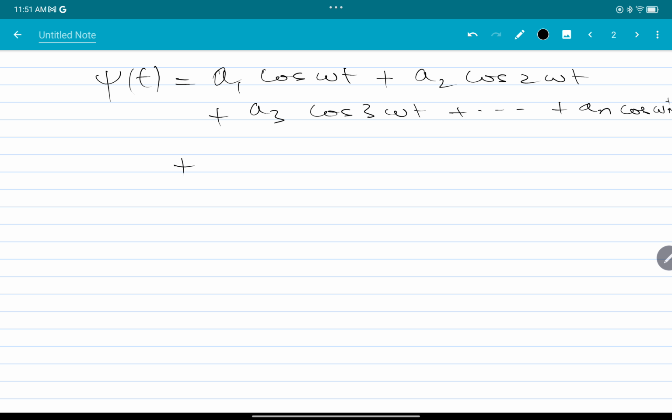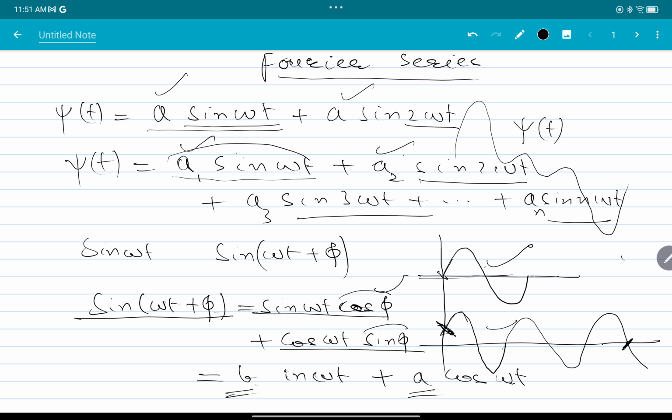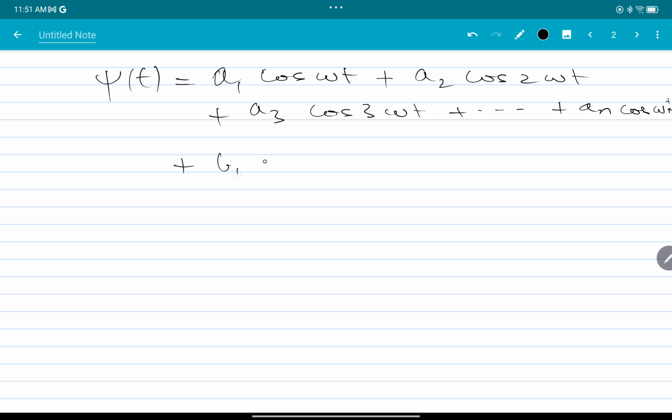Plus now the sine terms, where each term is a sine term: b1 sine omega t plus b2 sine 2 omega t plus b3 sine 3 omega t, and so on, plus bn sine n omega t.